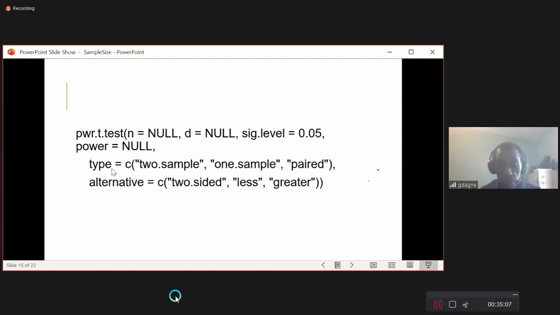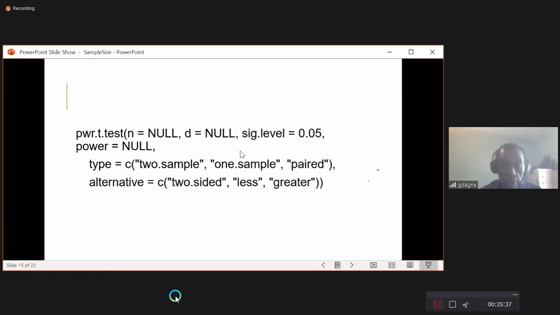And the type of test: is it a two-sample test, a one-sample test, or a paired-sample test? You can pick any one of these. What about the alternative? Do you have a two-sided, or is it left-sided? Greater means right-sided. So you can pick those depending on that.